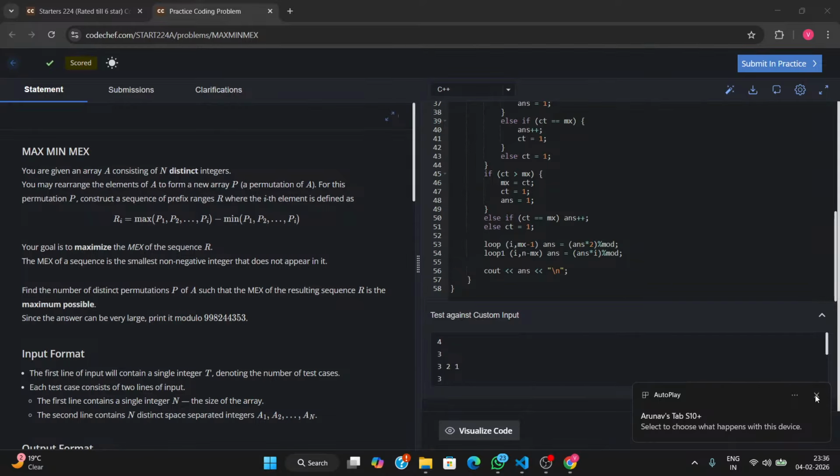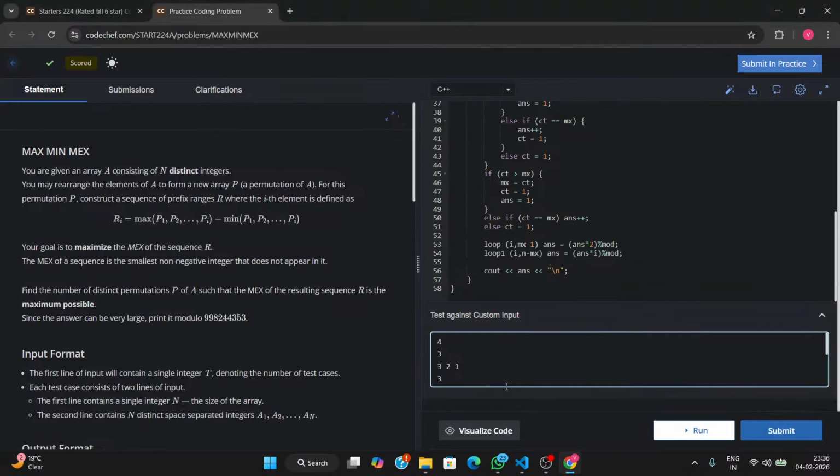then what here? I guess my tab just got disconnected.